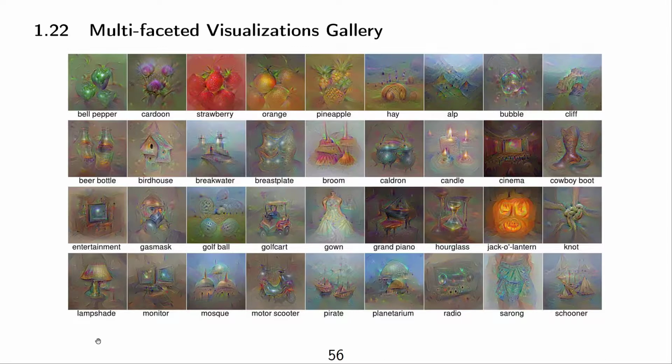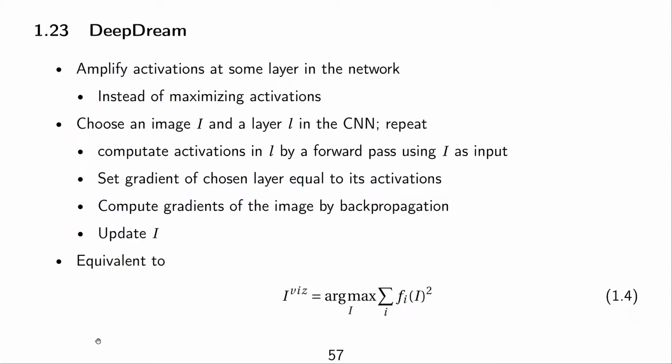And again here, just some different visualizations. These are input images that would kind of correspond to a particular class. And so here we can see that with these strong regularizers, the output looks more and more like a prototypical example of an image that belongs to one particular class.